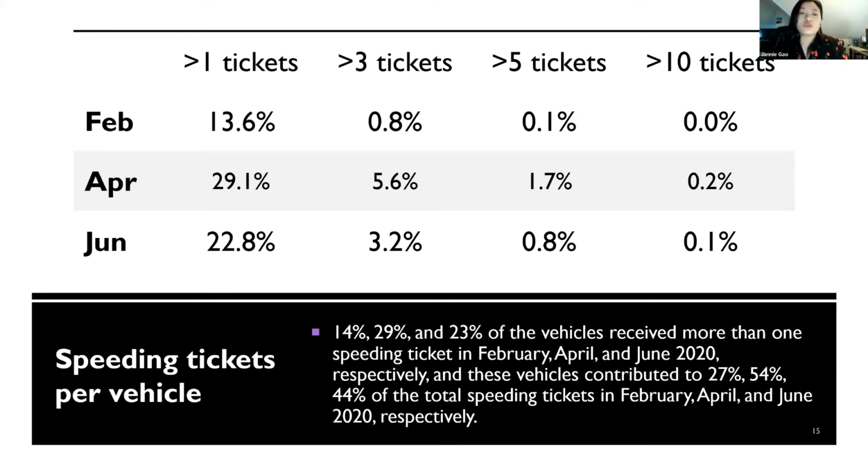So we extract the unique plate IDs, and based on that, we found that during April, about 30% of drivers were issued more than 1 speeding ticket, and 5% of them received more than 3 tickets. And this is the worst part: these 0.2% of the drivers are probably the most aggressive drivers on the road, receiving more than 10 speeding tickets in just a month.